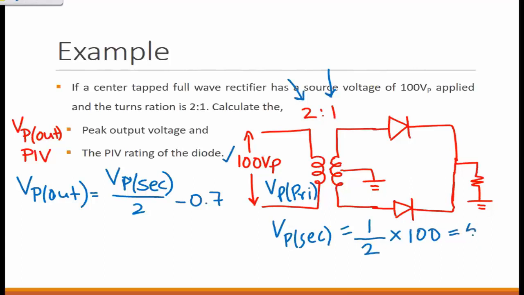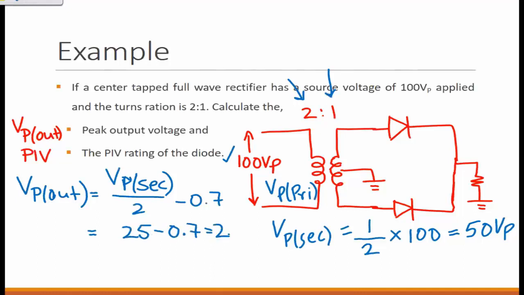So 1/2 of 100 would be 50 volts. So you come back here, and according to the formula, it's V peak secondary over 2, which is 50/2. That would be 25, subtracted with the barrier voltage of 0.7.